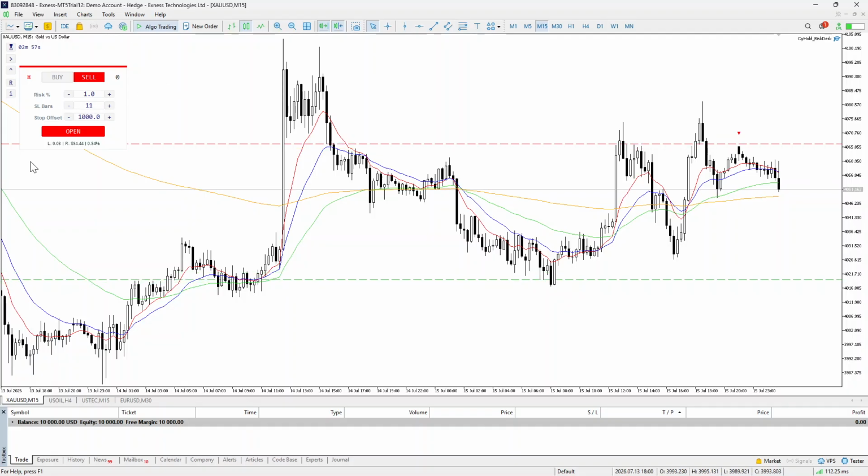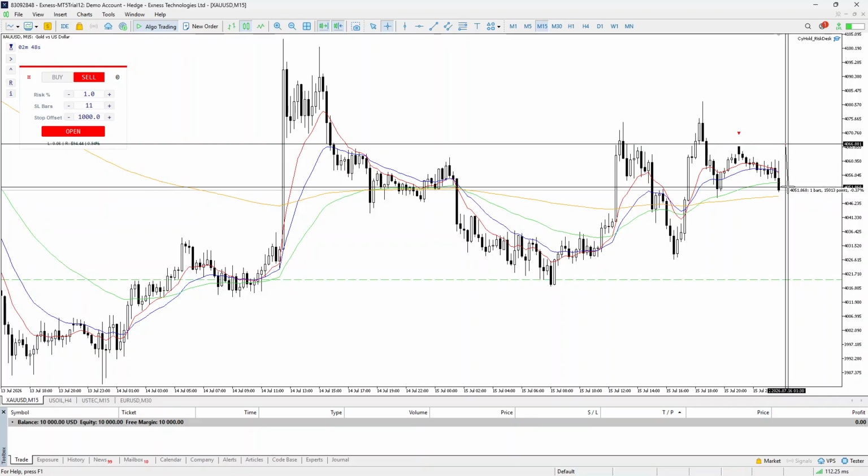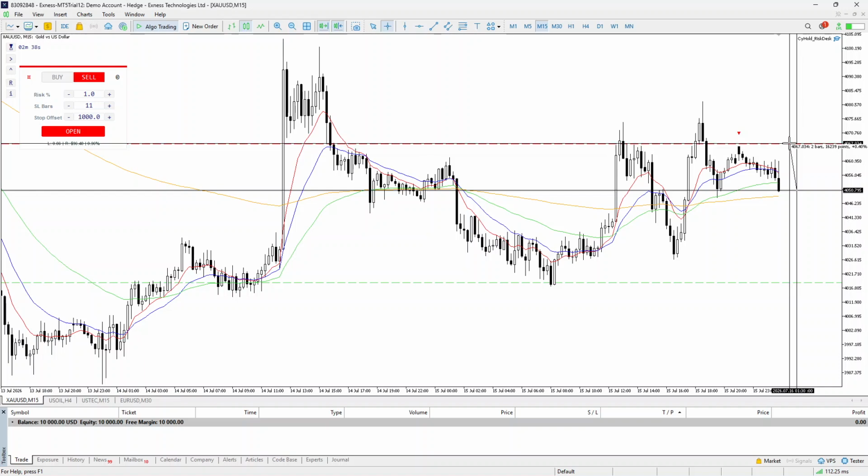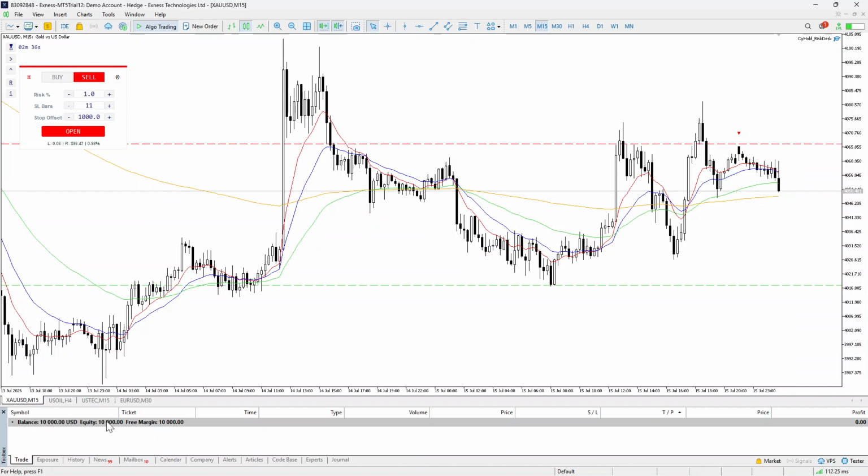So, and when you move, you see here it's risk 1%. So this distance, which is approximately $15 with this account size. So $15 for $10,000, 1% is $100.